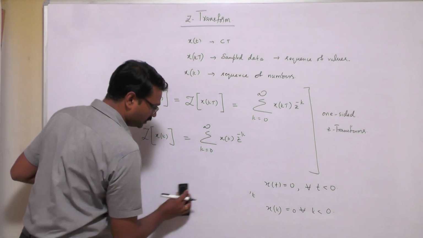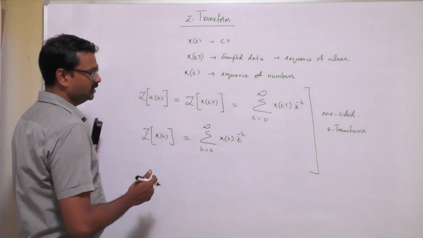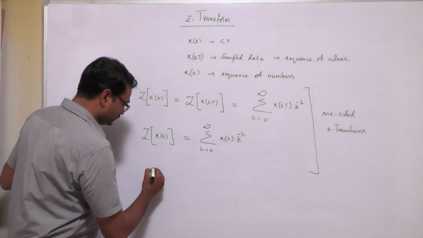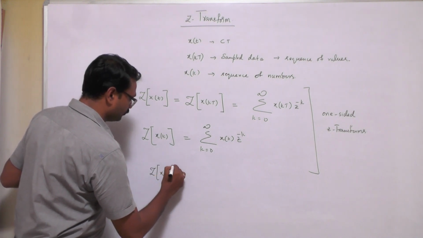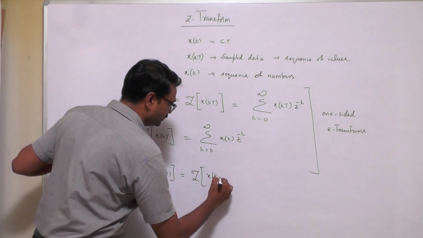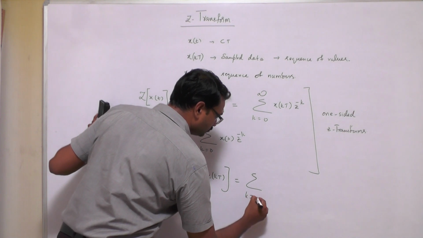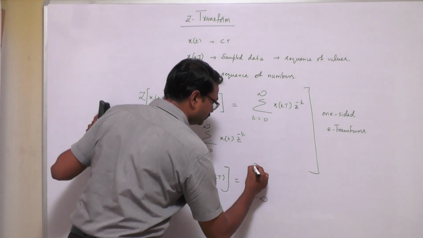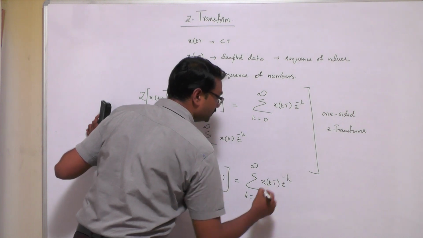Now when you go for a two-sided Z transform, it can be represented as the Z transform of x of t equal to the Z transform of x of kt equal to sigma k from minus infinity to infinity x of kt z power minus k.